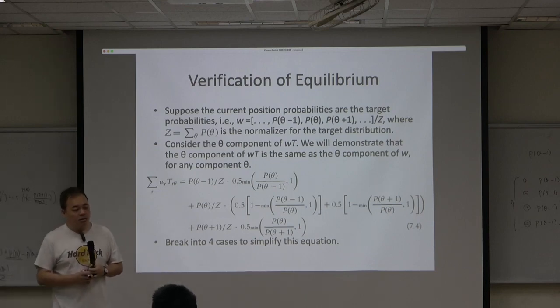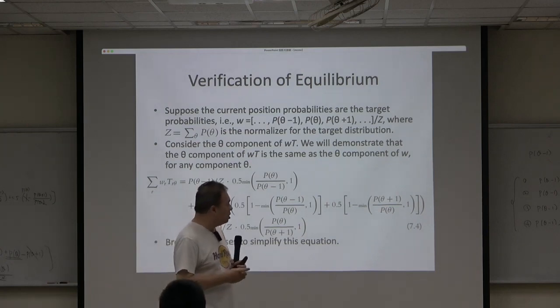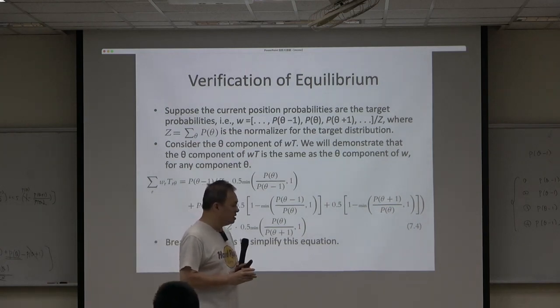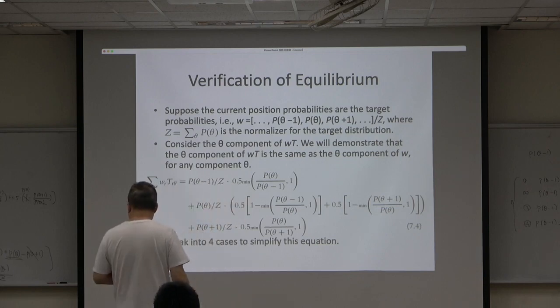Okay, you can try to put in any of these four cases, and you are always going to end up with p of theta divided by z. What does that mean?